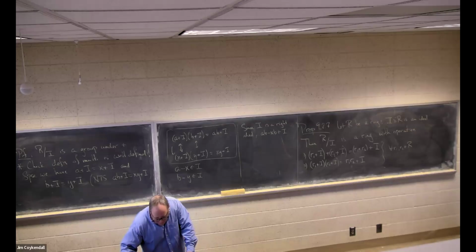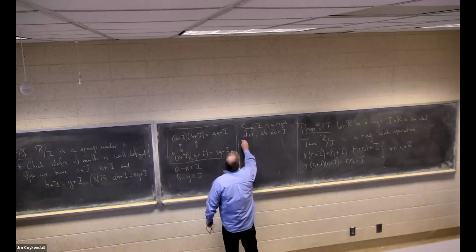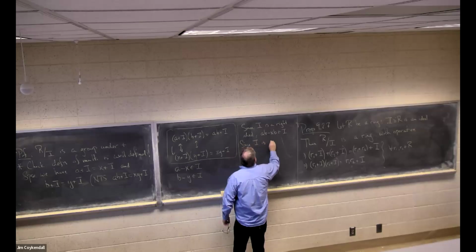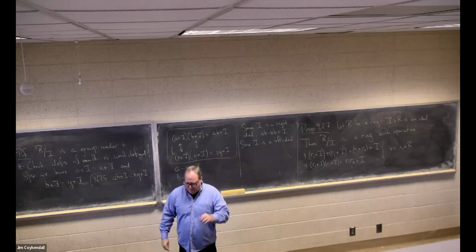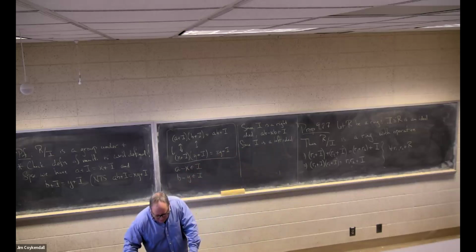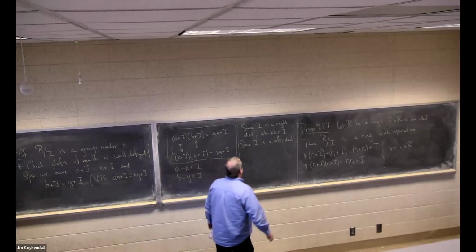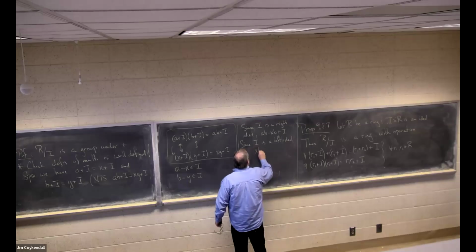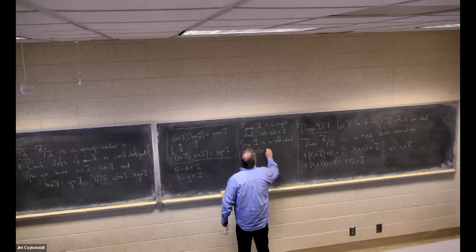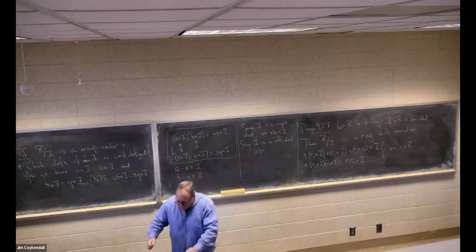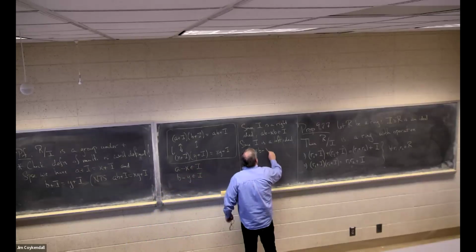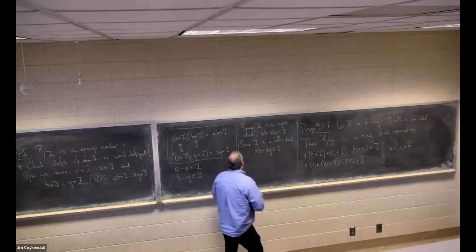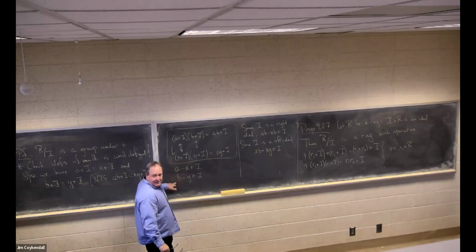By the same token, since I is a left ideal, then I can multiply stuff on the left, and I get XB minus XY is in I. Because I can multiply this thing on the left.